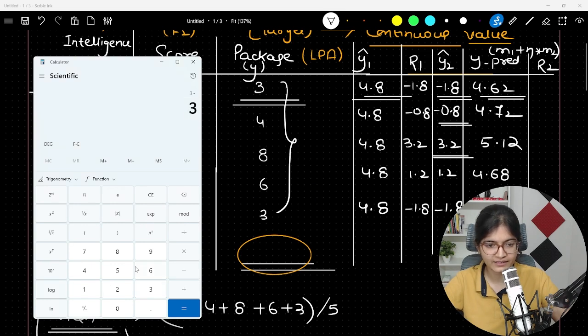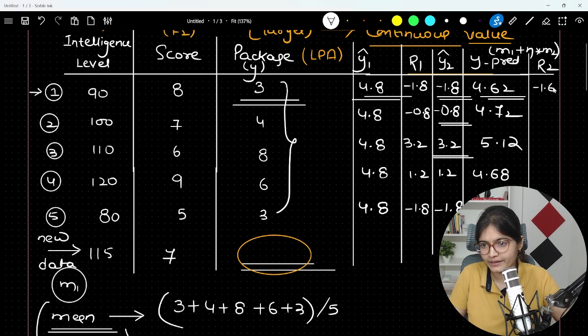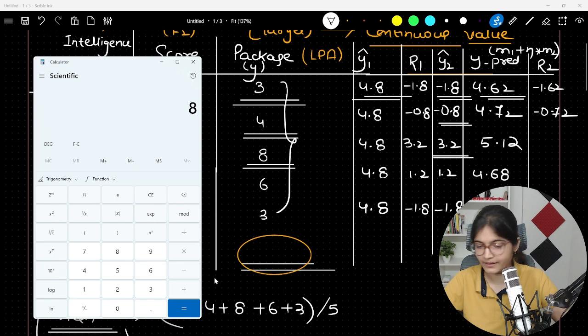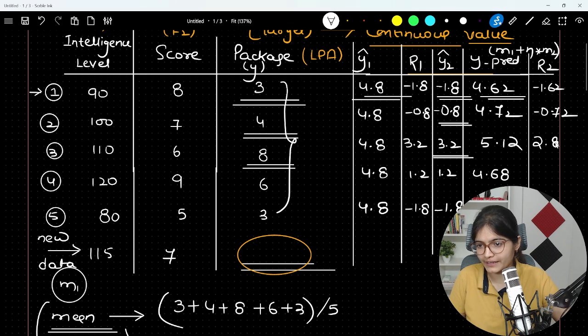Let's see this step by step. 3 minus 4.62 is negative of 1.62, right? Similarly, we evaluate 4 minus 4.72, which is negative of 0.72. Next is 8 minus 5.12, which comes out to be 2.88.